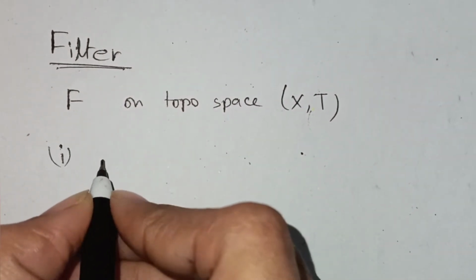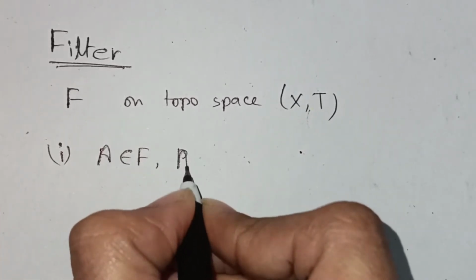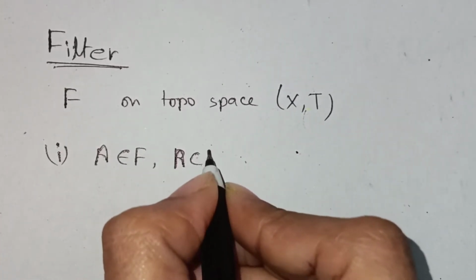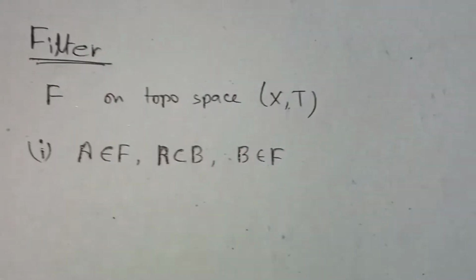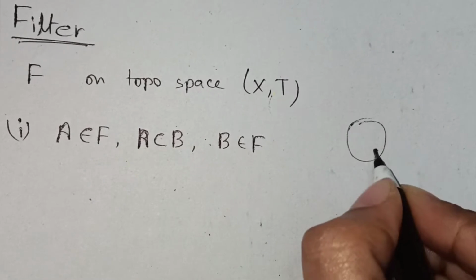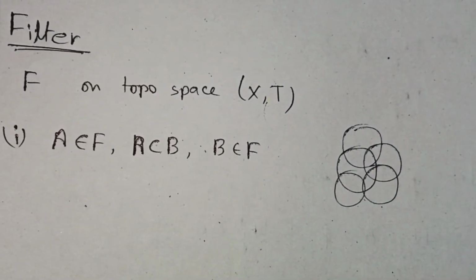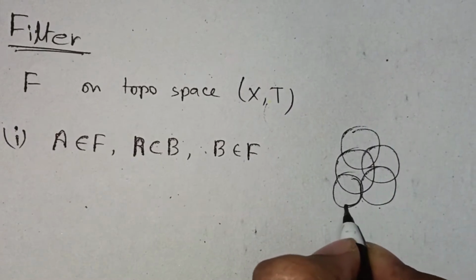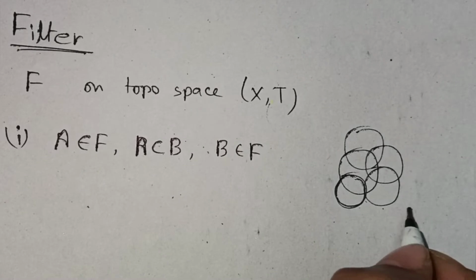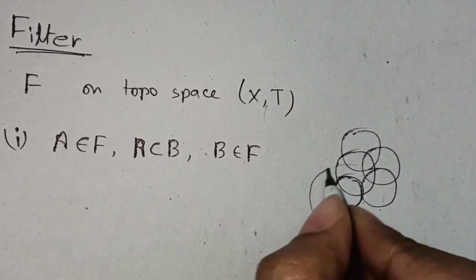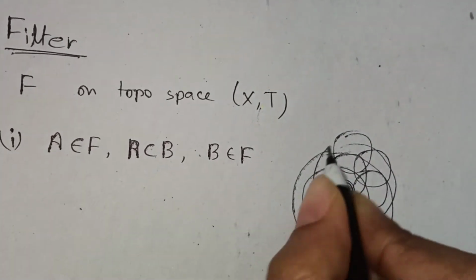First one is if A belongs to F and A is contained in B, then B belongs to F. That means, let this be a family of subsets of X, an arbitrary family. If any of these subsets is contained in F, that means the rest of its supersets will also belong to F.